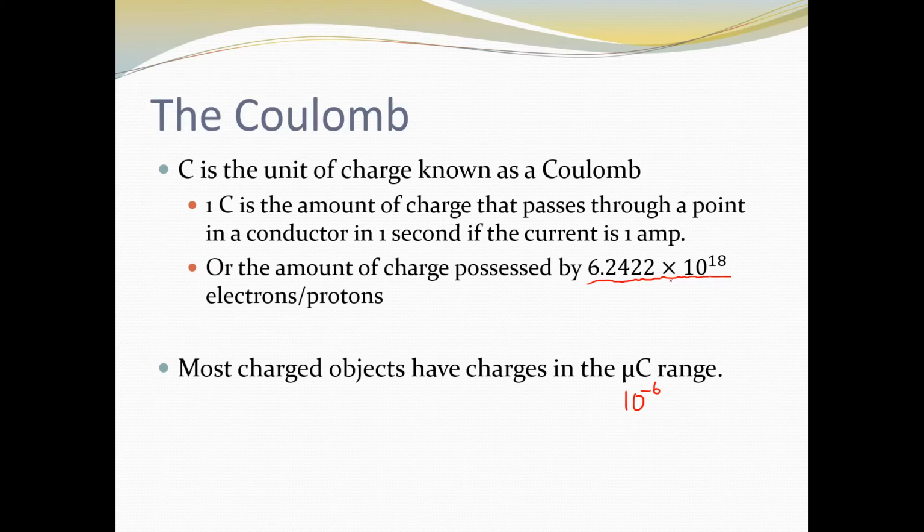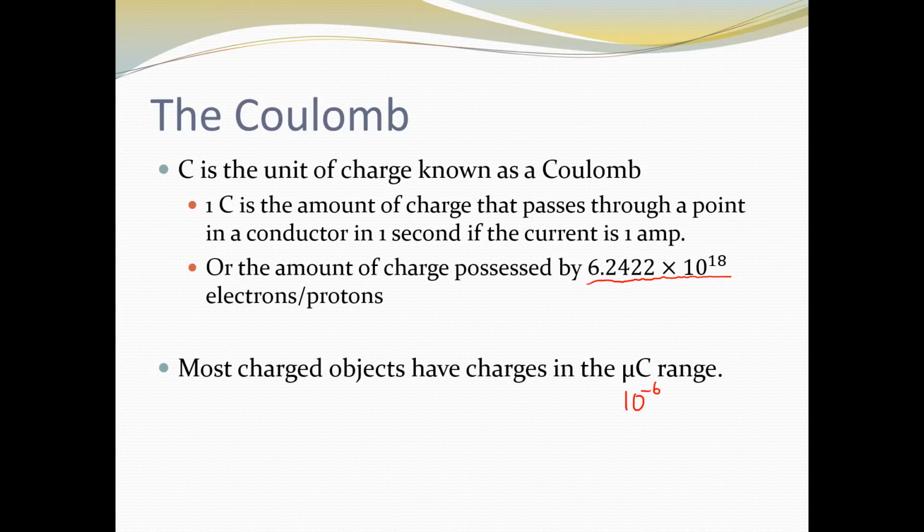It's hard to concentrate huge amounts of electrons or protons in a small area because of the laws of electrostatics, because they want to repel each other. That's part of the reason it's difficult to get really large charges. With that said, the next couple of examples are going to be really interesting.